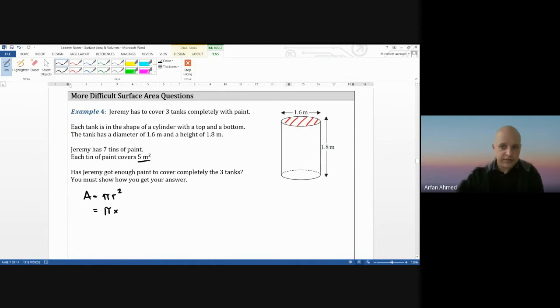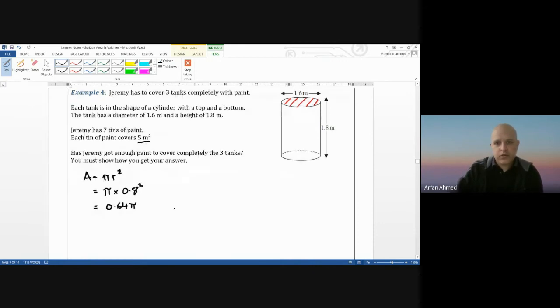They've given us the diameter, that 1.6 meters. So we're going to have to halve that, which is 0.8 squared. So don't fall in that trap of putting 1.6 squared, which is a very, very common mistake. So that's squared. Let's call that 0.64 pi. Okay.